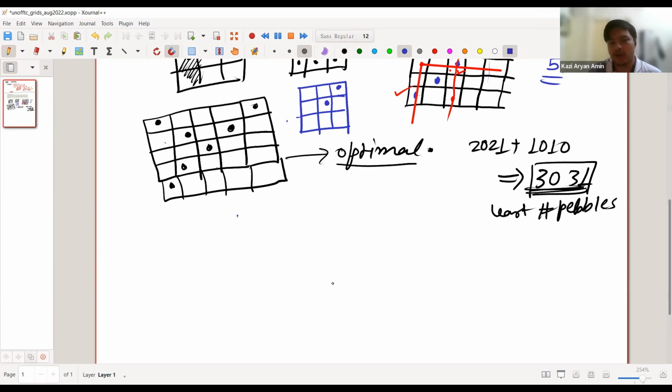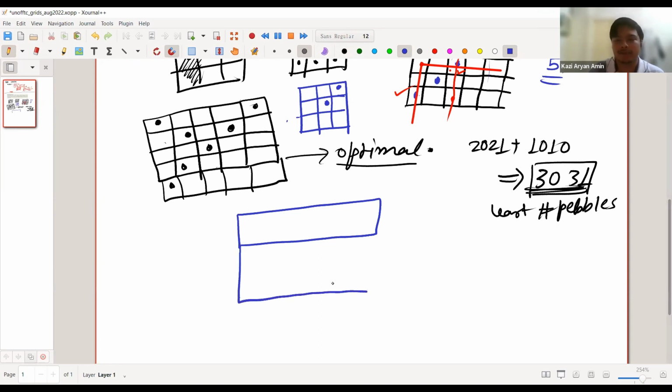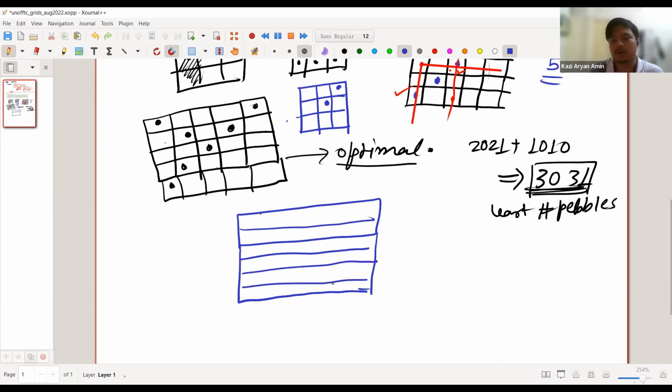Suppose you had a column or a row which is empty, right? What can you say about the structure of the other rows and columns depending on it? Suppose the first row has no pebbles on it at all.